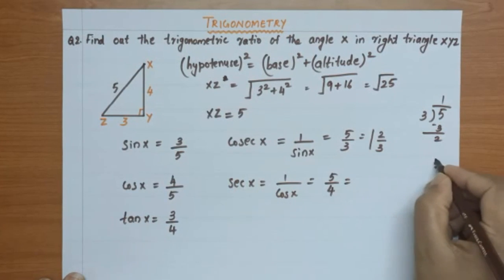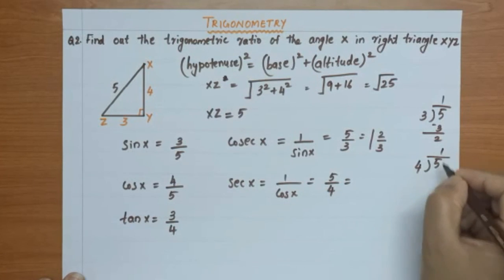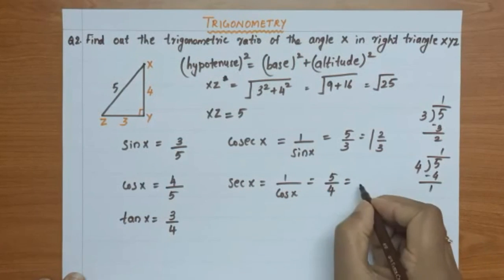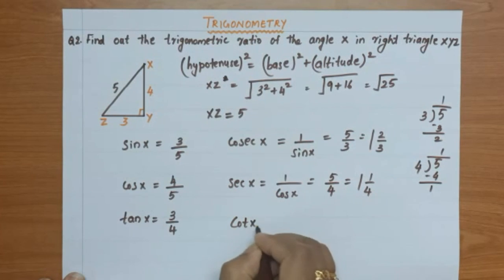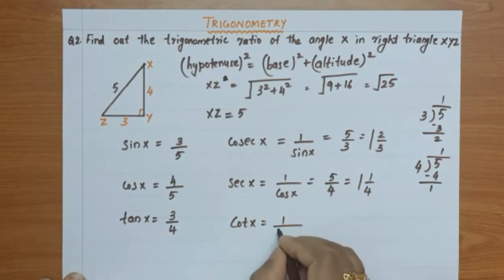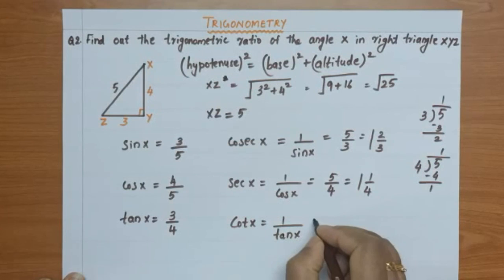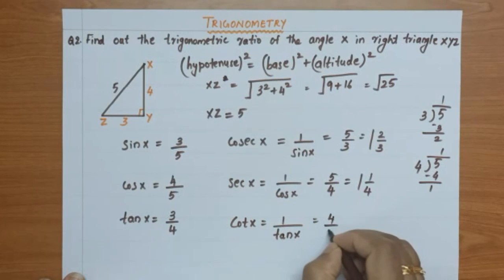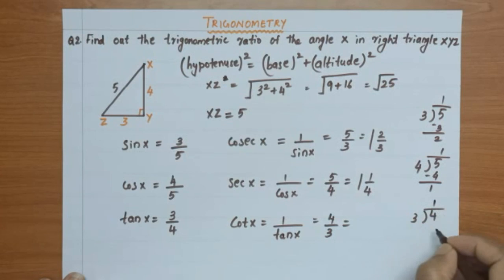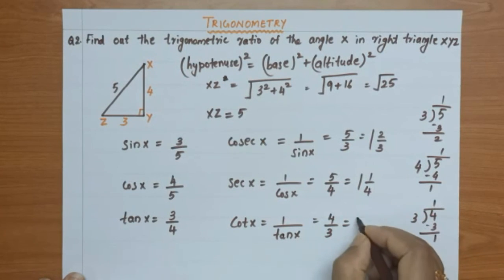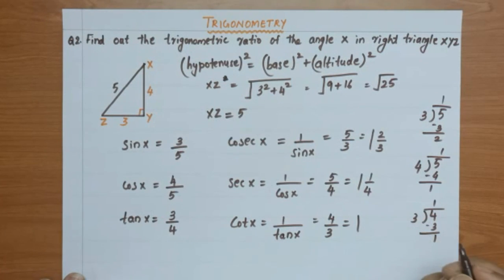So, 5 divided by 4, we can write it as a mixed fraction, 1 and 1 by 4. Now, cot X equal to 1 by tan X, that is 4 by 3. So, when we are dividing, we will get 1 and 1 by 3. So, these are the trigonometric ratios of angle X.